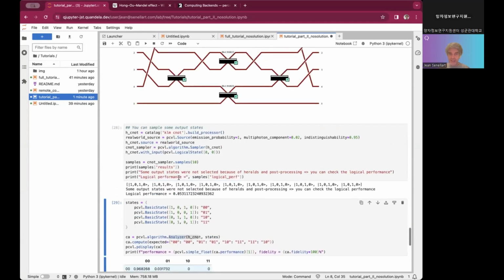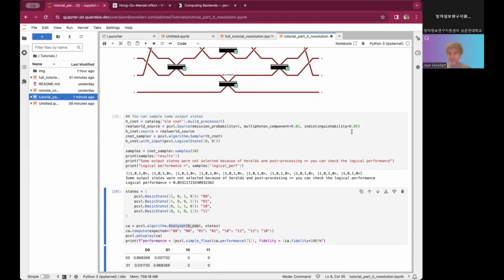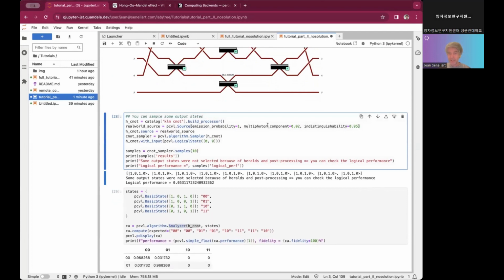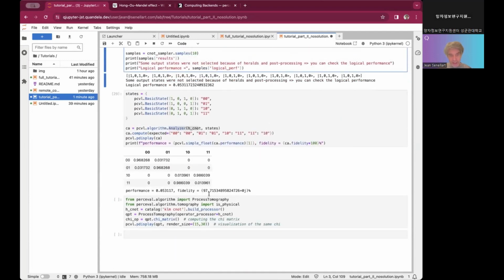What is interesting here is that I've taken some real life noise for my circuit, and more or less I get natively something like this without any error correction. On that, I have something like 98% fidelity on the CNOT gate. So it's exactly what you will get out of a real QPU without trying to do any fault correction, error correction.